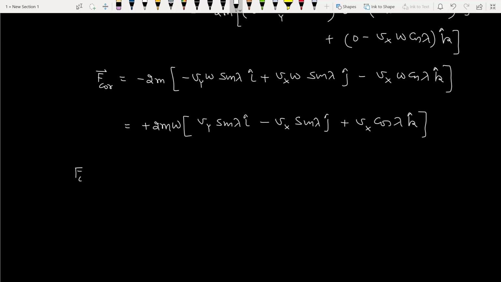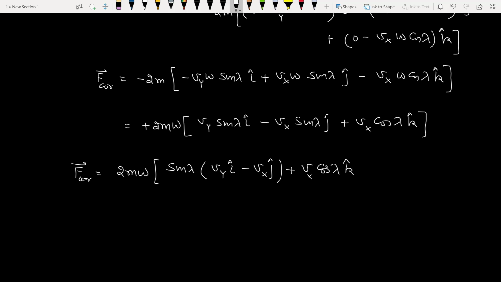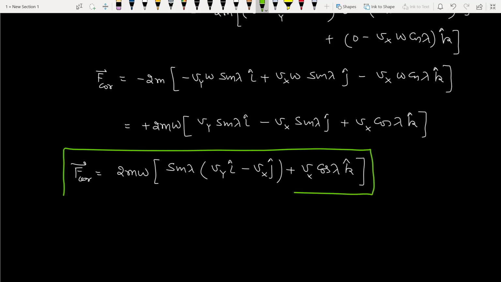So in a simplified way, Coriolis force can be written as 2m omega, sin lambda common, Vy i cap minus Vx j cap, plus Vx cos lambda k cap. So this is the expression for the Coriolis force acting on a body on the surface of Earth.